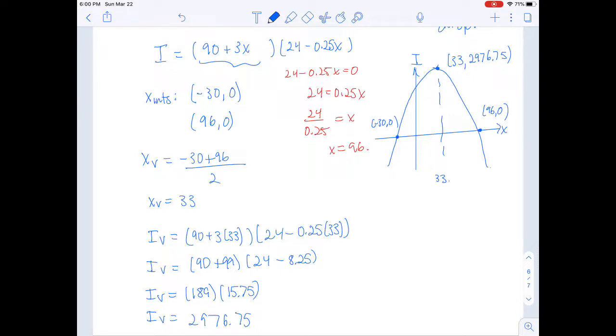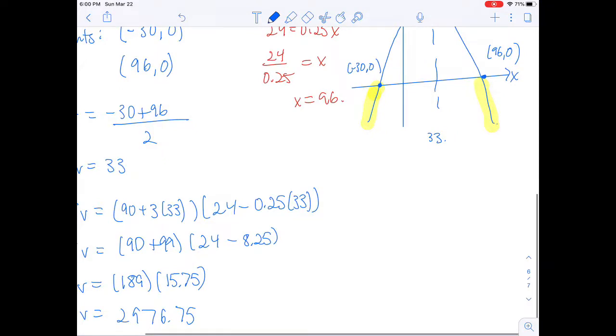And we're going to talk about how meaningful these two things are in upcoming lessons. As you can imagine, we don't really talk about negative income, but anyway, let's write our final sentence.